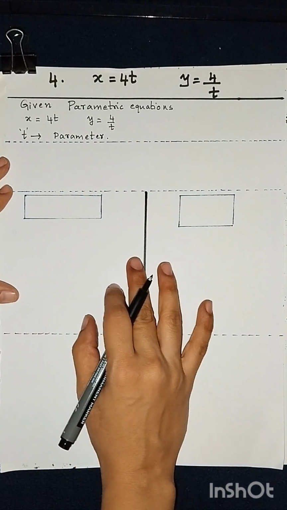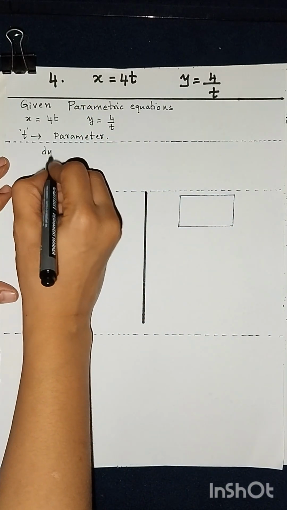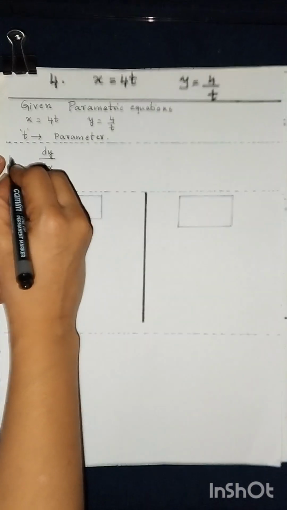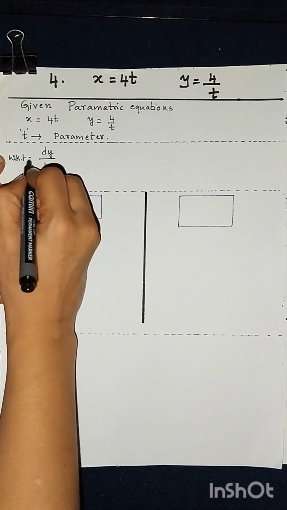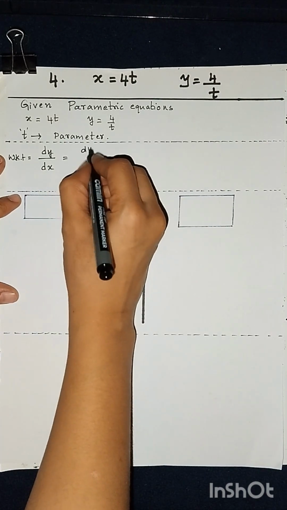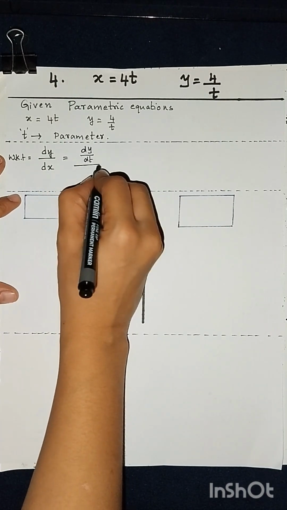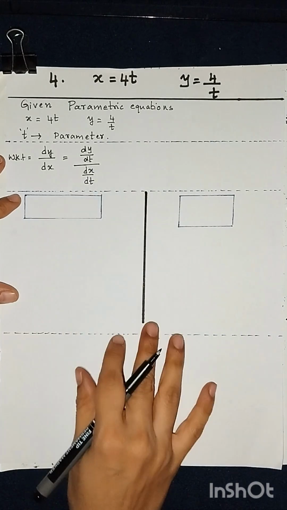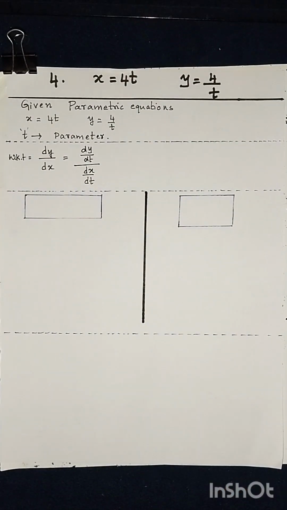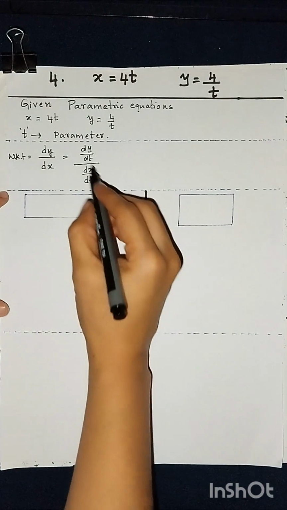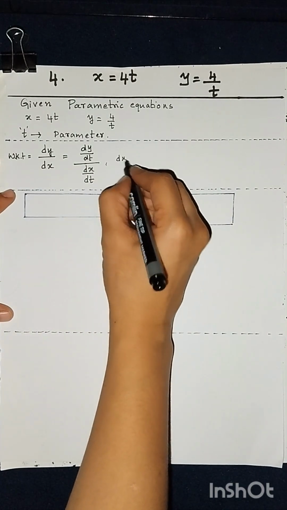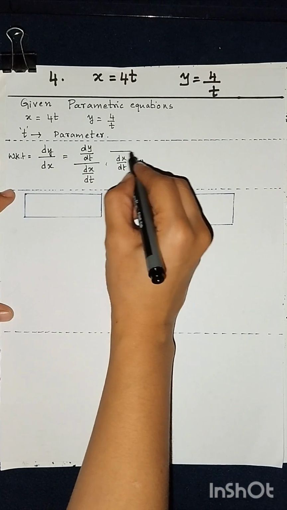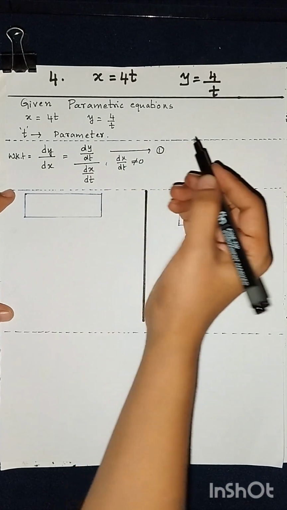We have to find the derivative of these parametric functions, that is, we have to find dy by dx. We know that dy by dx is dy by dt divided by dx by dt, and dx by dt should not be equal to 0. So let us label this as 1.